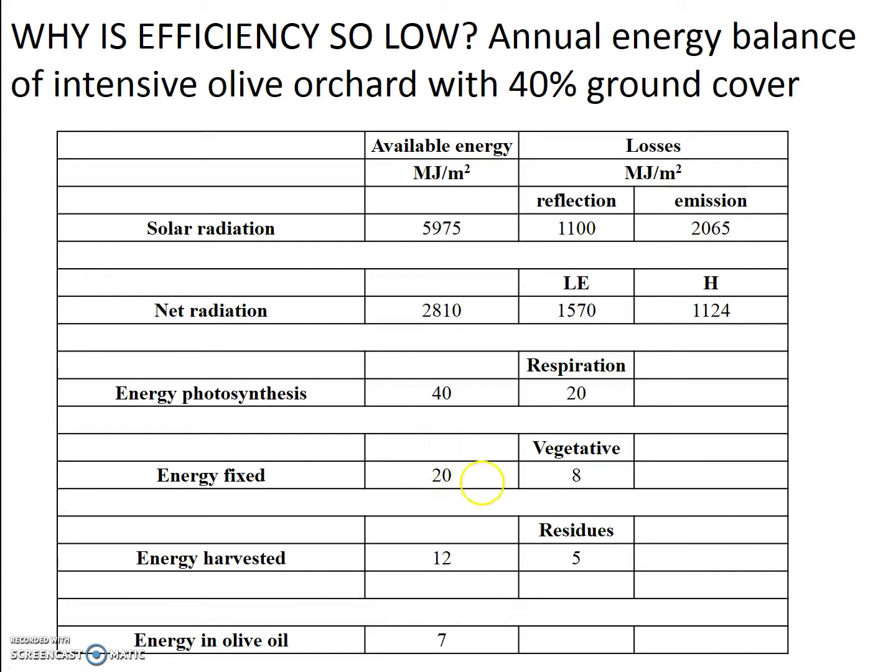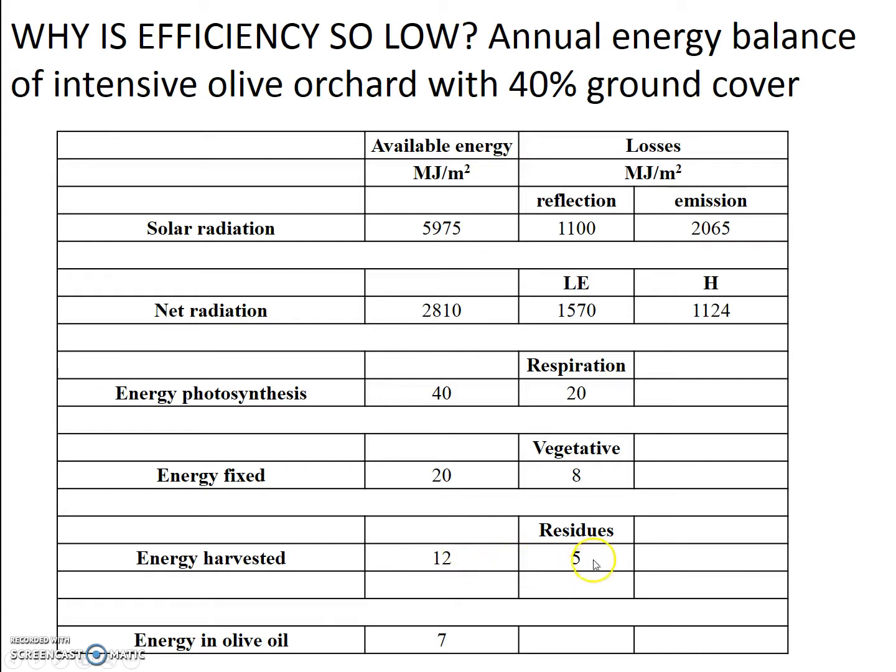Of those 20 megajoules, a large fraction is invested in growing vegetative parts of the olive trees. So only 12 megajoules per square meter remain for harvest as olive fruits.